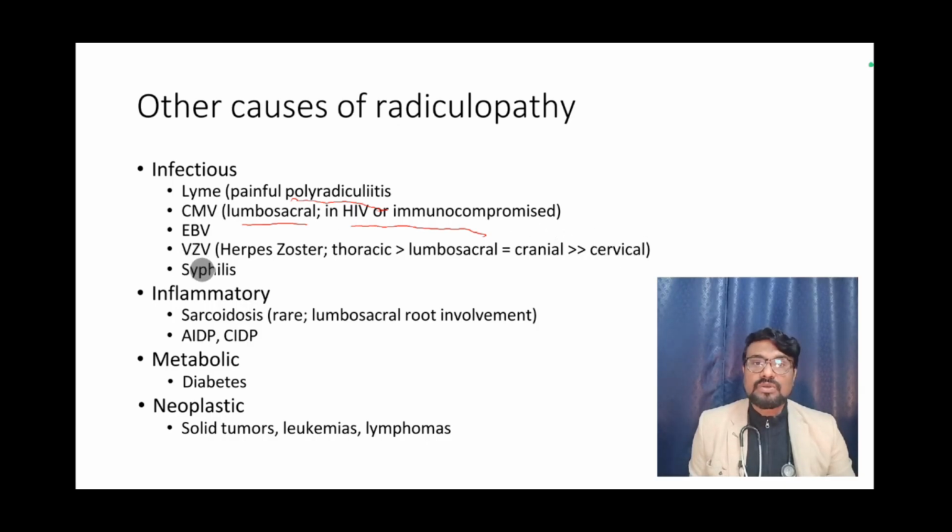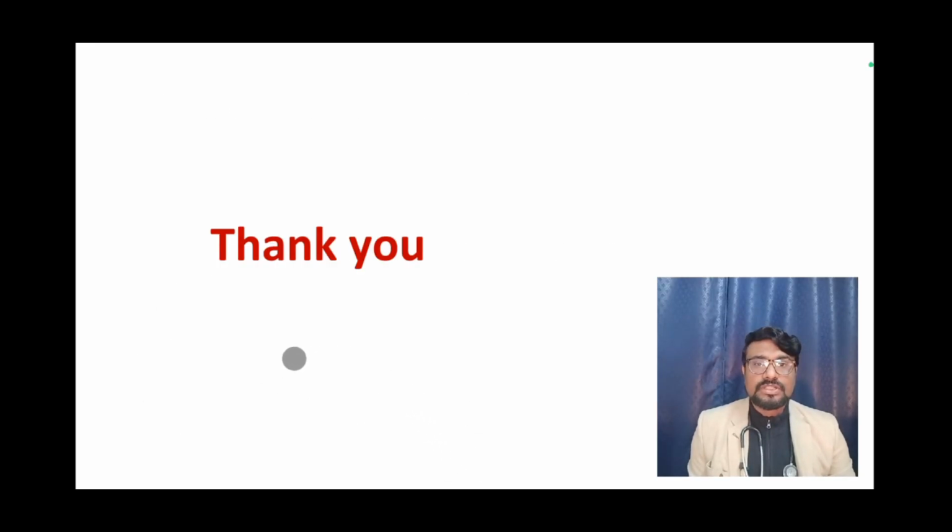Syphilis can also lead to radiculopathies. There are inflammatory disorders like sarcoidosis, AIDP or CIDP, metabolic causes like diabetes, and neoplastic disorders like solid tumors, leukemia or lymphoma. These are the other causes of radiculopathies. Thank you. This was all about radiculopathies and how we approach them.